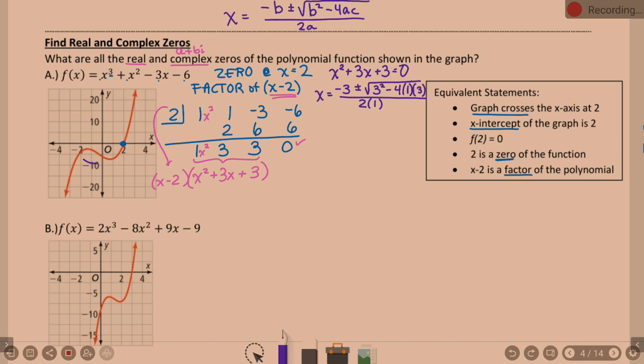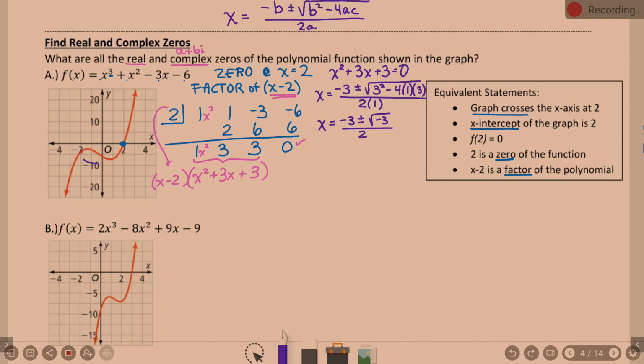Okay, negative 3 plus or minus. Under my radical, 3 squared is 9, minus 4 times 1 times 3 is 12. 9 minus 12 is negative 3. So I have this fun square root of negative 3 all over 2. Take more steps if you need to.